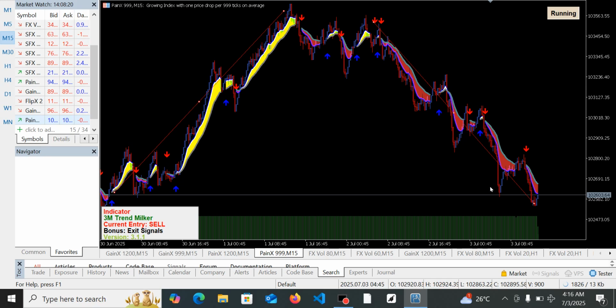Now, people have been making the mistake that, okay, if it is on downtrend, then it's going to be selling alone without having a buying opportunity. And some people also believe that if it is on uptrend, then it will only buy and it will not sell at all. Okay, if you are thinking in that direction, you are wrong.